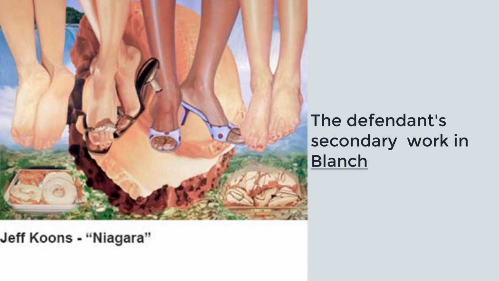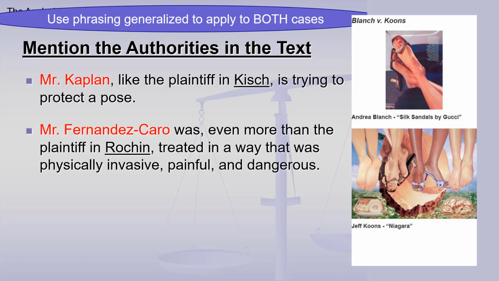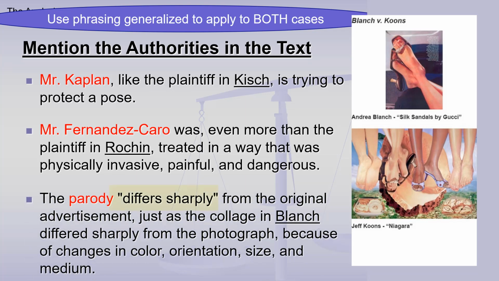When the students came back to Blanche in the A of IRAC and compared their case to Blanche, they had to use generalized phrasing like "differs sharply" that could apply to both cases. The words color, orientation, and size are also general enough to apply to both cases, but you wouldn't want to say something like bright colors unless bright could apply to both cases.